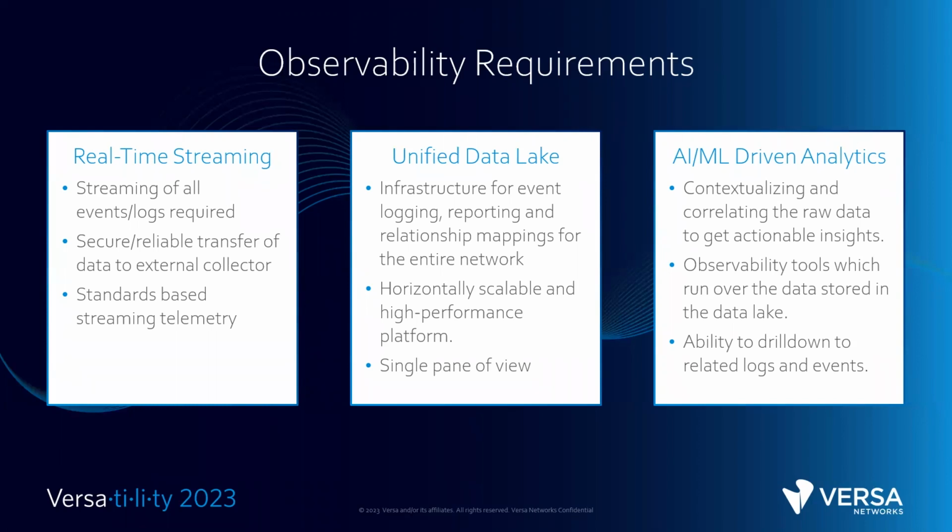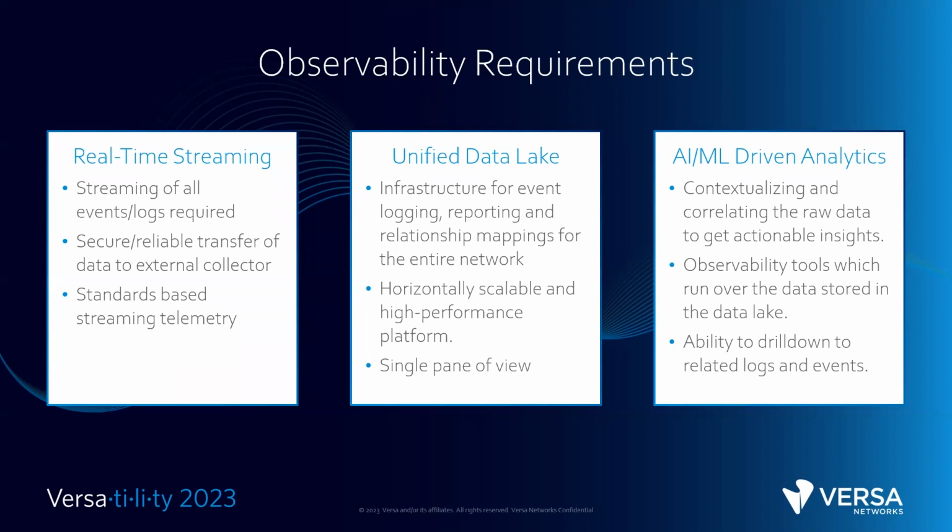Once the data is exported, we need an infrastructure to keep all this data and maintain all the mappings and relationships between the various data. For this, we need a horizontally scalable, high-performance platform. So a big data-based data lake is preferred. This data lake should be able to provide a single pane of view for all the data that is stored.